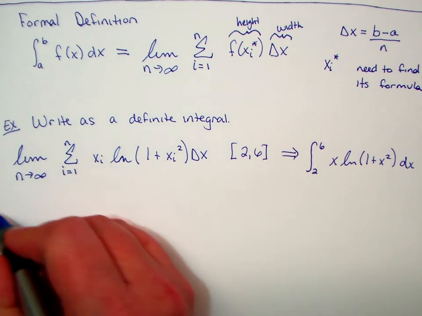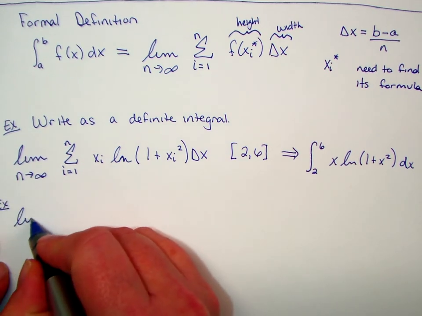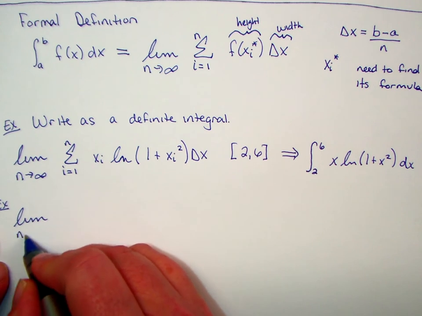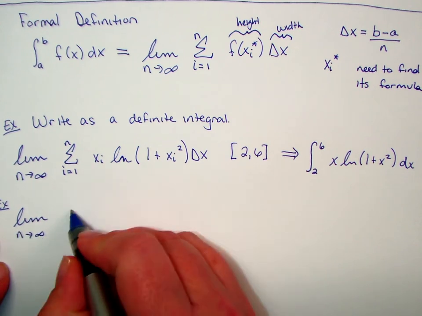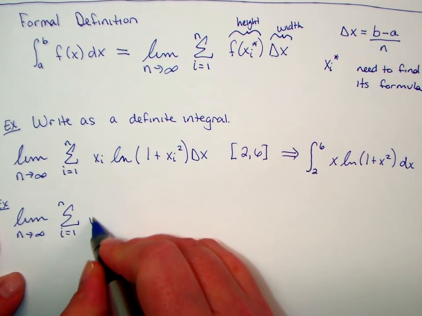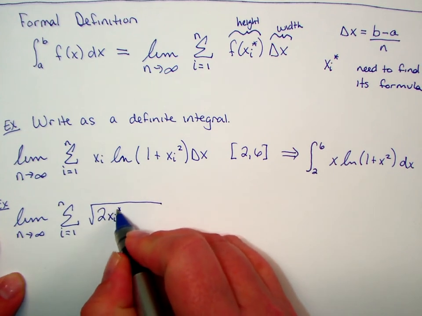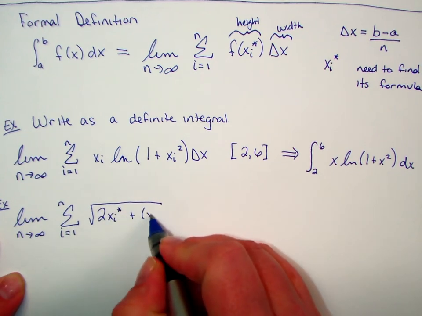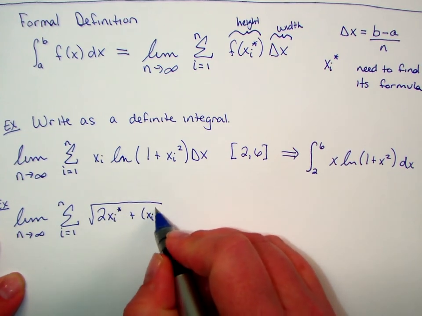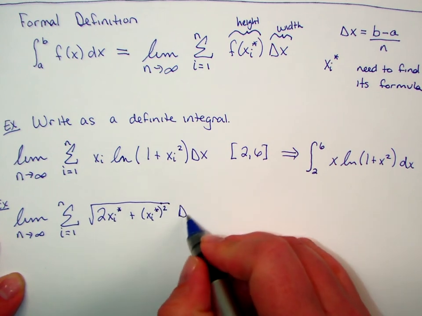Right? So another example, if we had the limit as n goes to infinity of the sum from 1 to n of the square root of 2 x sub i star plus x sub i star squared times delta x.